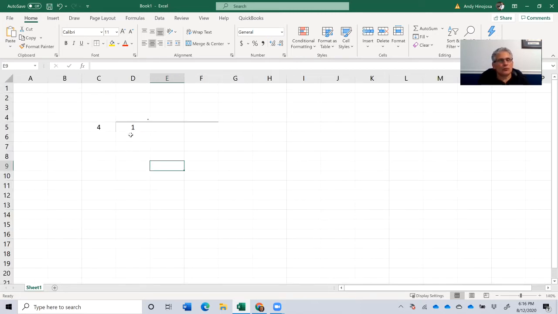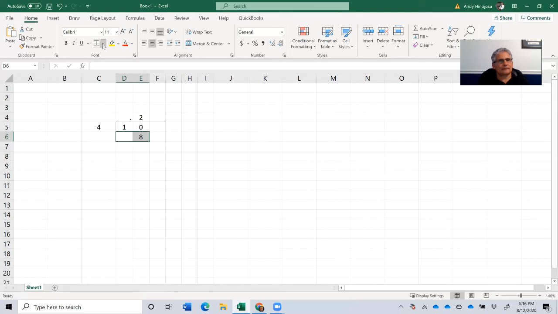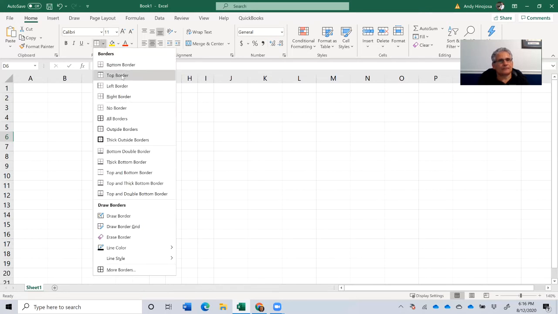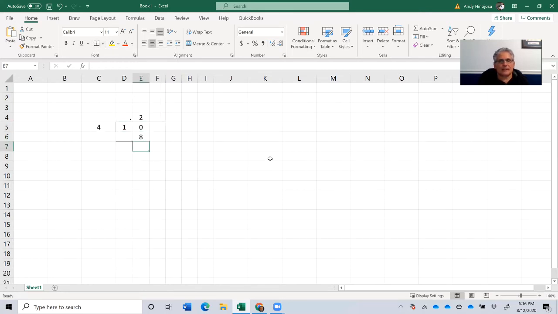4 can't go into 1, but if we add a 0 here, so that now 4 goes into 10, that is possible. 4 goes into 10 2 times. 2 times 4 is 8. We then subtract 8 from 10, and that gives us 2.